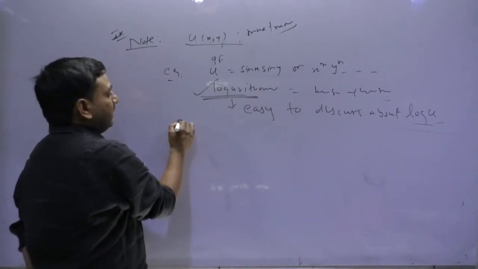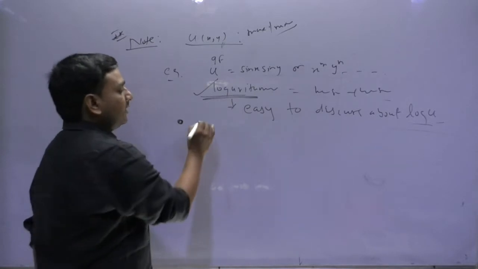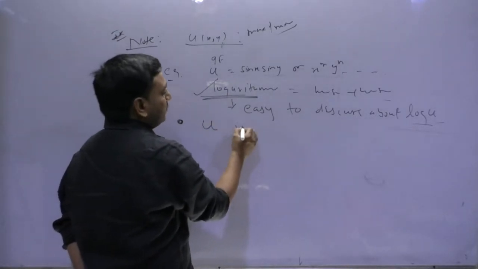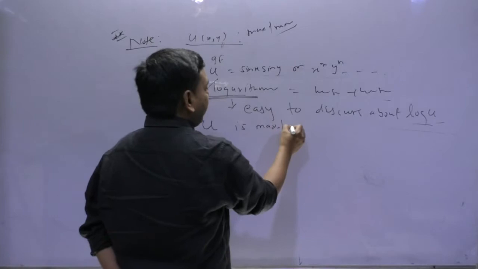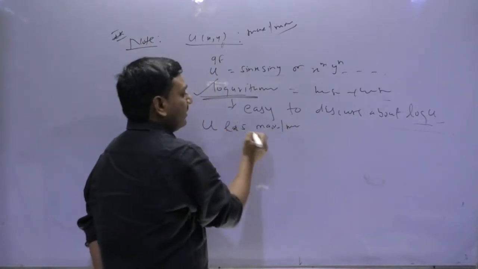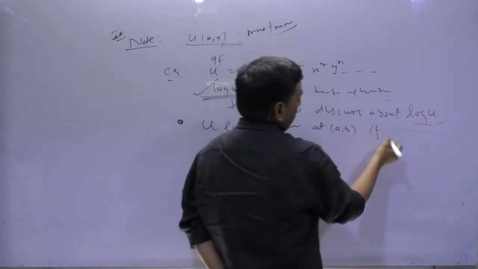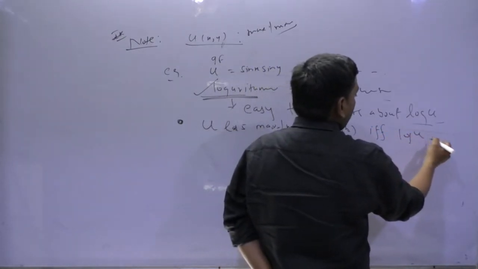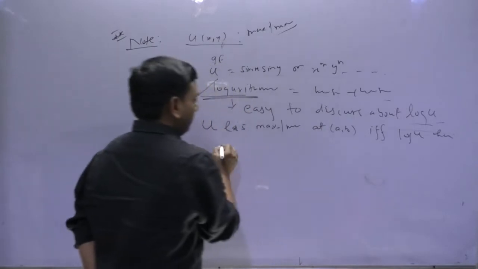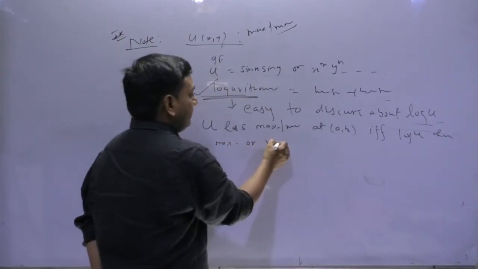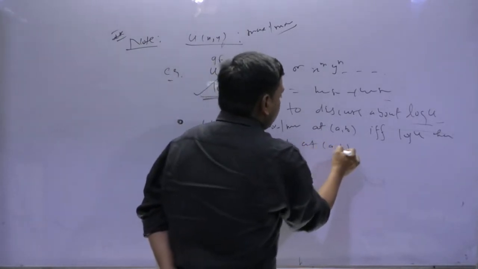So you need to remember a point. u has maxima or minima at (a, b) if log of u has maxima or minima at (a, b).